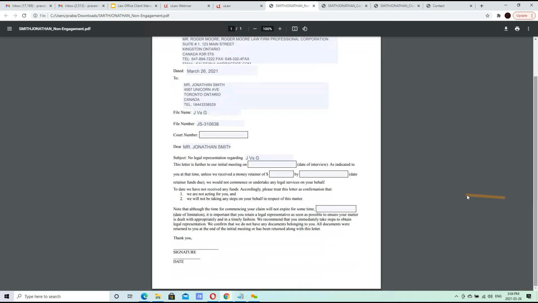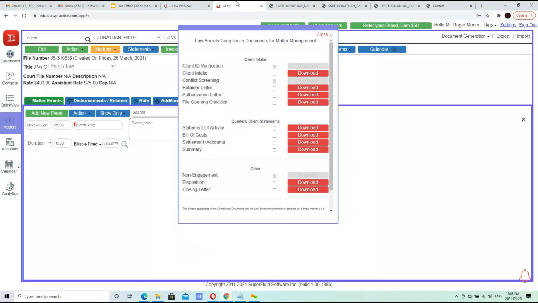Clearly articulating that since we have not received any funds or any specific reason, we indicate that we're not responsible for any more legal service from our firm. We do not have any documents pertaining to you, and this is a logical closure to it. Okay?